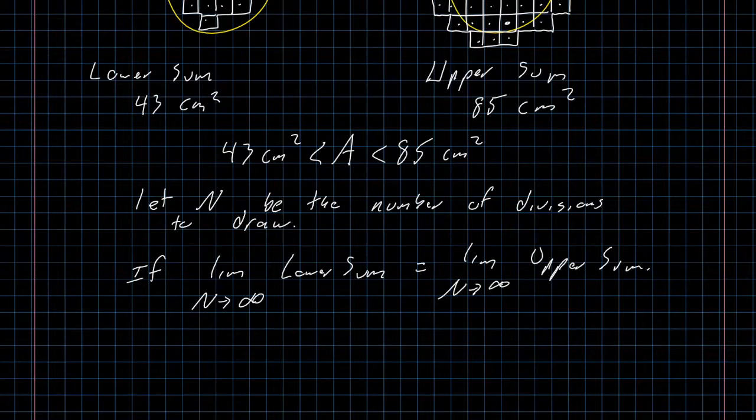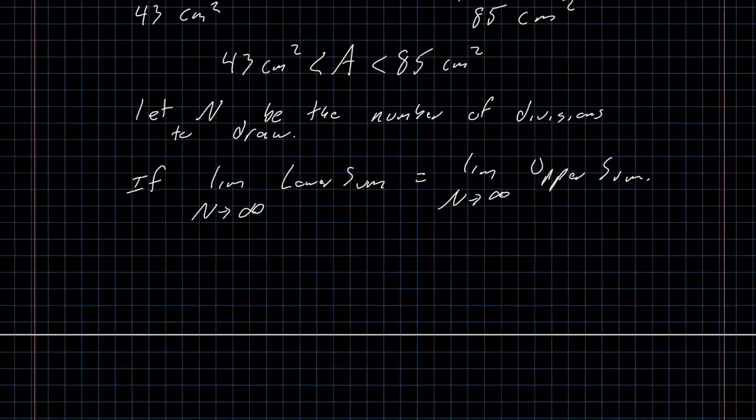All right, so let's let n be the number of divisions to draw in, the number of squares that I'm drawing on my page before I start counting which ones are inside and which ones are outside. And I'm going to take the limit as that n goes to infinity on the lower sum and on the upper sum.